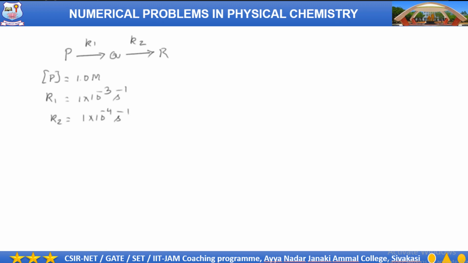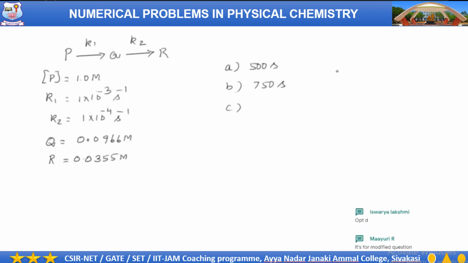The time at which the concentrations of Q and R are 0.0966 molar and 0.0355 molar respectively is: option A, 500 seconds; option B, 750 seconds; option C, 1000 seconds; and option D, 1500 seconds.